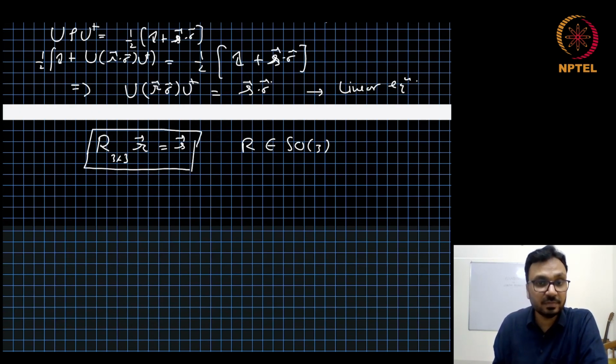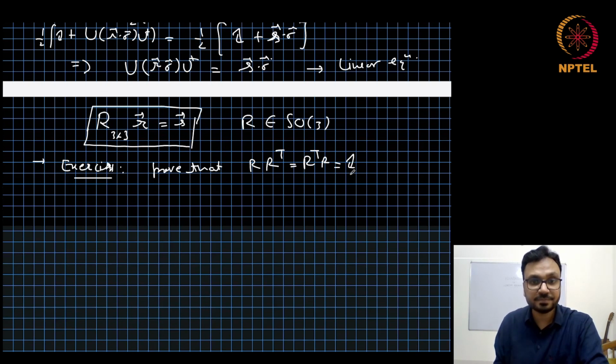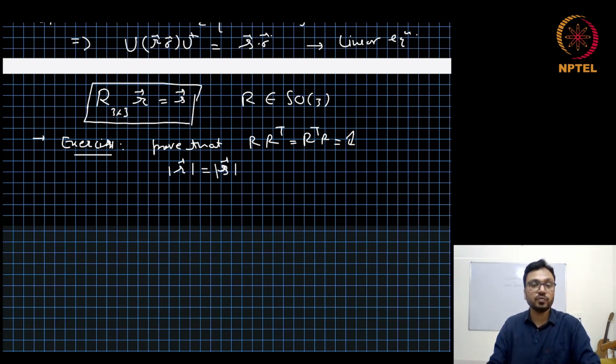It can be an exercise. See that, prove that R is orthogonal. It means R transpose R is identity. The modulus of the R vector is the same as the modulus of the S vector. The lengths of the two vectors are the same.